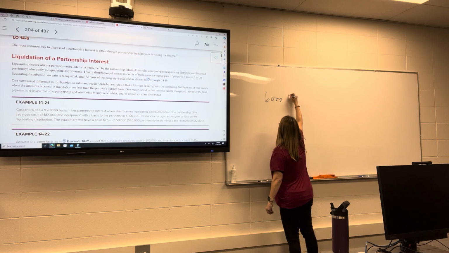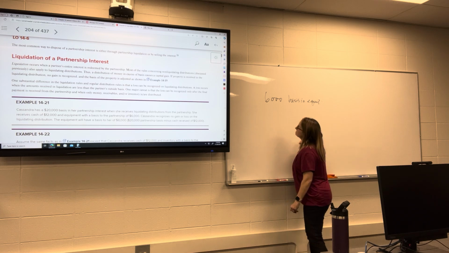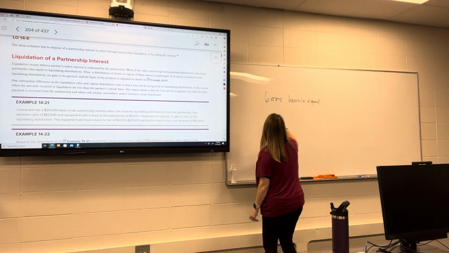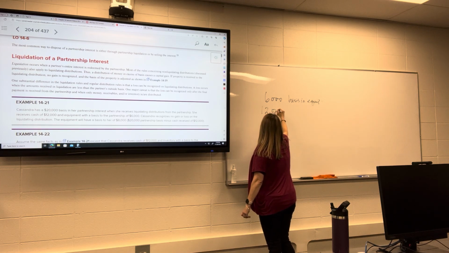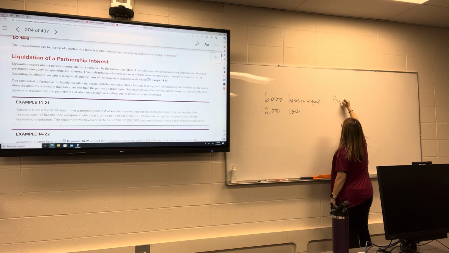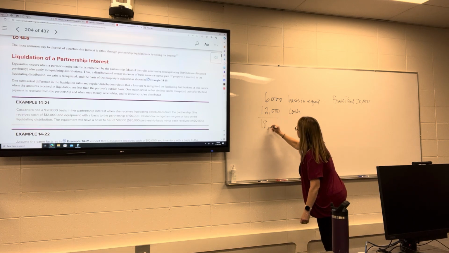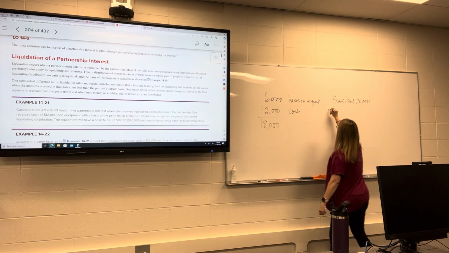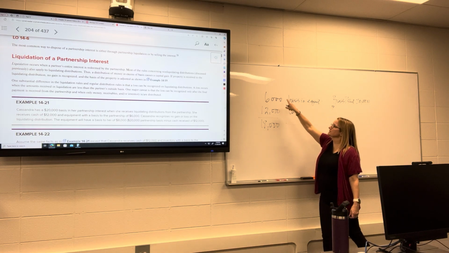So this is the basis in the equipment. She's getting $12,000 in cash. Her basis in the partnership is $20,000. So what she's receiving is $18,000. Normally the basis that she would carry over is $6,000, because that basis carries over.